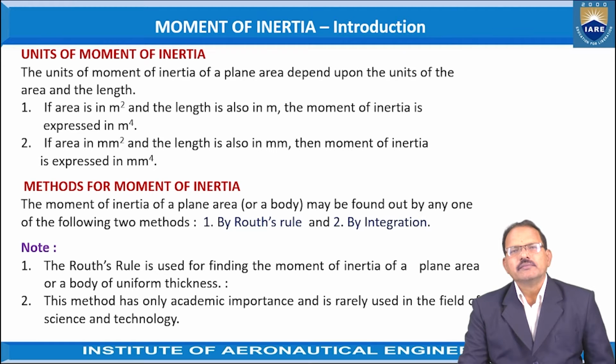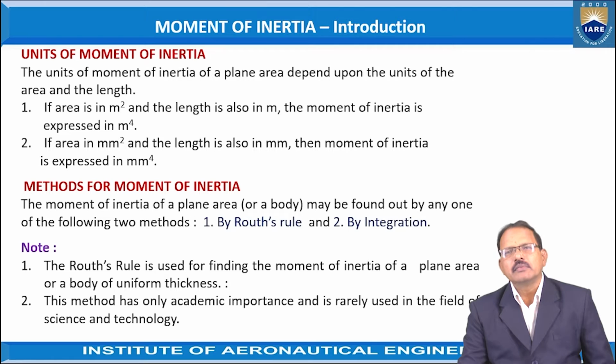Units of moment of inertia. Generally, the moment of inertia of a plane depends upon the units of area as well as the distance from the reference line. If area is represented in meter square and the distance from the reference line to the center of gravity of the elementary area is in meters, then moment of inertia has units of m to the power of 4.